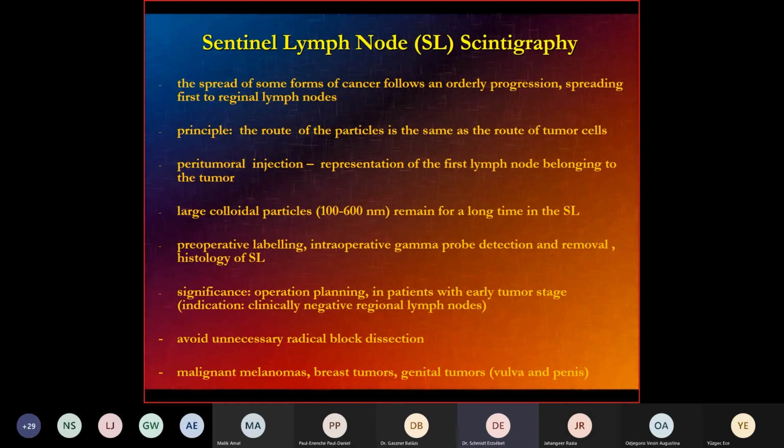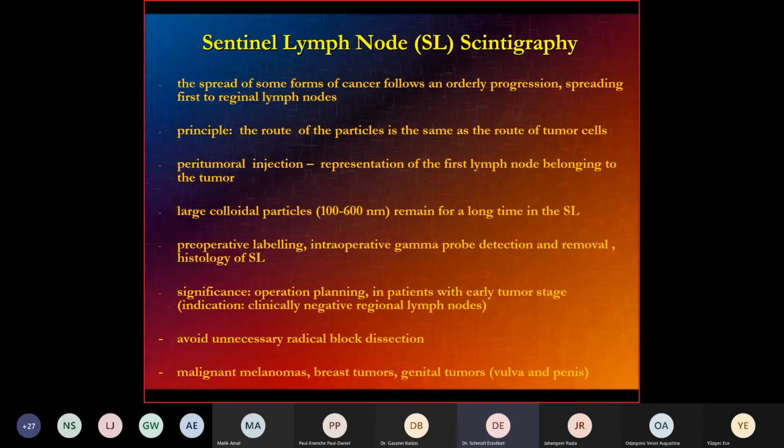The tumor cells appear at first in the first lymph node belonging to the tumor, and the principle of sentinel lymph node scintigraphy is that the route of the particles is the same as the route of the tumor cells. After a peritumoral injection of labeled colloidal particles, the first lymph node belonging to the tumor will be represented. This is the sentinel lymph node.